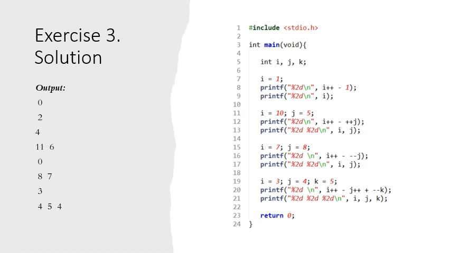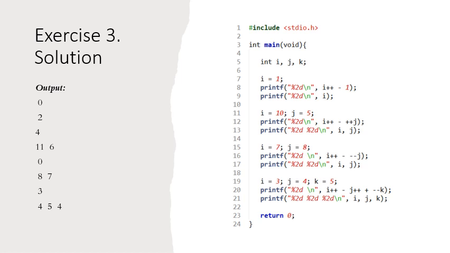Now for line 19, assuming we have I equals 3, J equals 4, and K equals 5. So we have I++ minus J plus plus plus minus minus K. I will still be 3 minus ++J, which is 4.